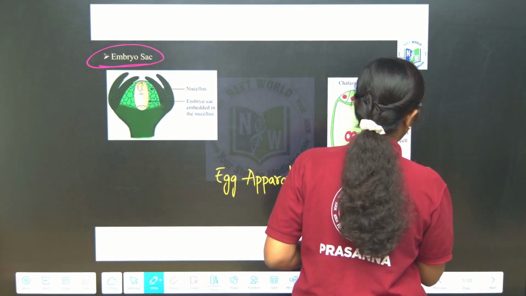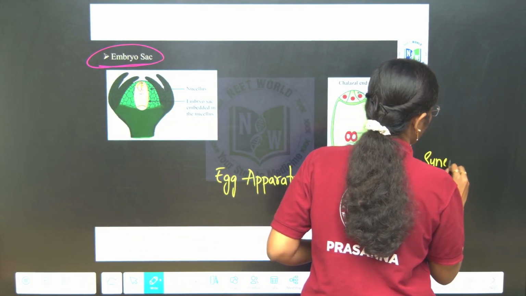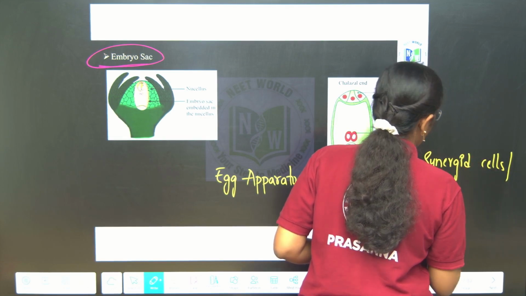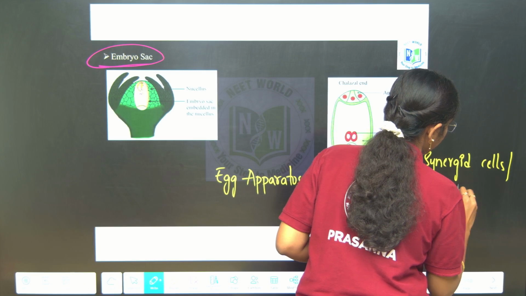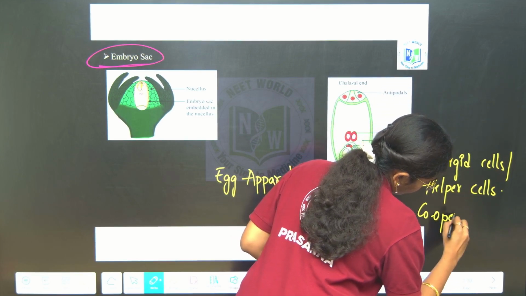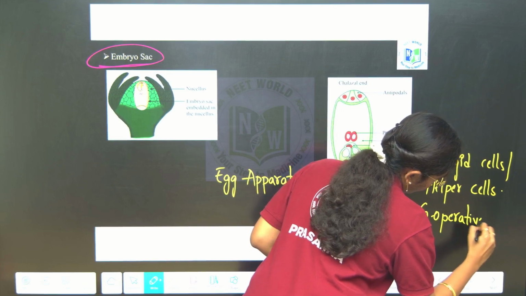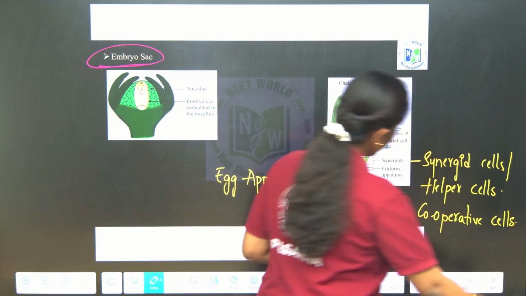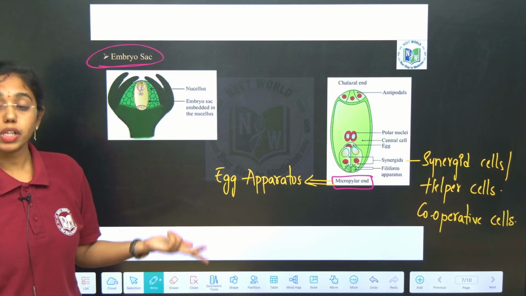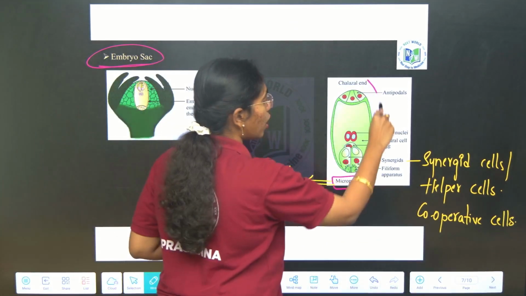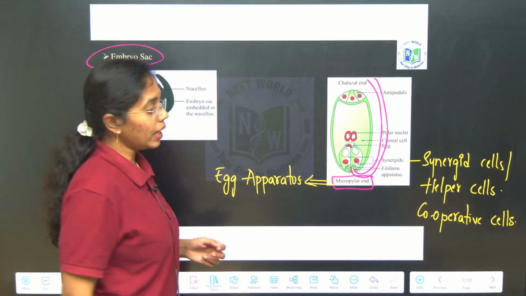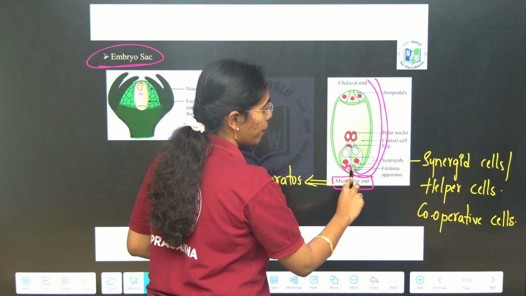Synergid cells are also addressed as helper cells or cooperative cells, because mostly the pollen tube entry will be from the micropylar end only, and synergid cells have a filiform apparatus.